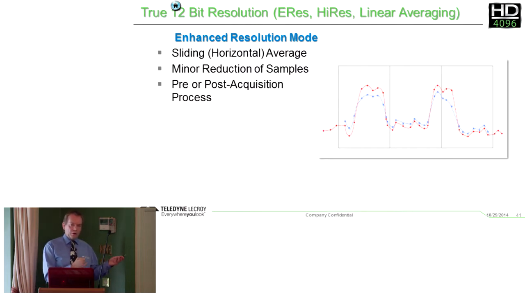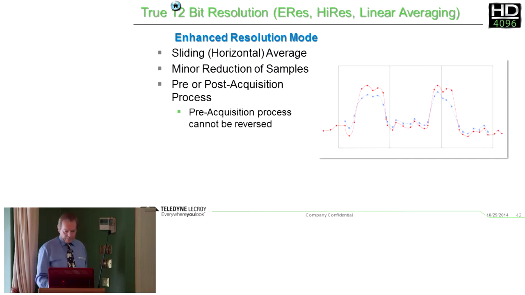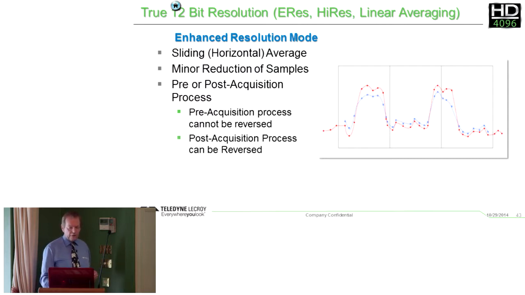With pre-acquisition, which is done by some people, it's not possible to turn it off. Once it's turned on, you're stuck with the result. So pre-acquisition processing cannot be reversed, and post-acquisition can be reversed. And then you get a loss of bandwidth because it is a horizontal averaging. It's done on a single acquisition.